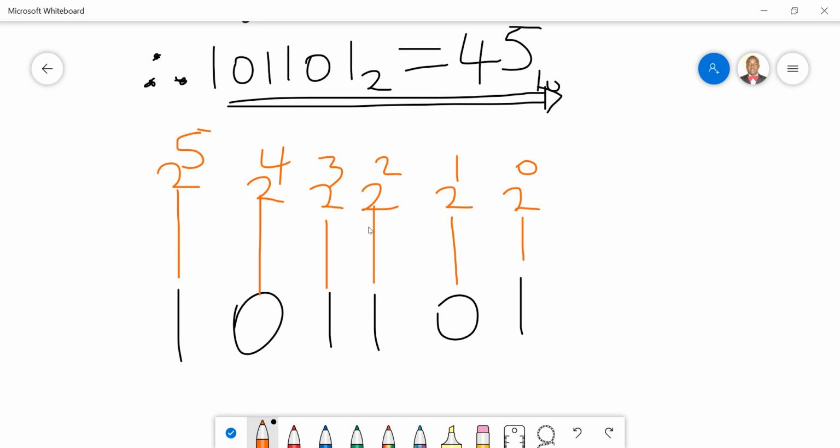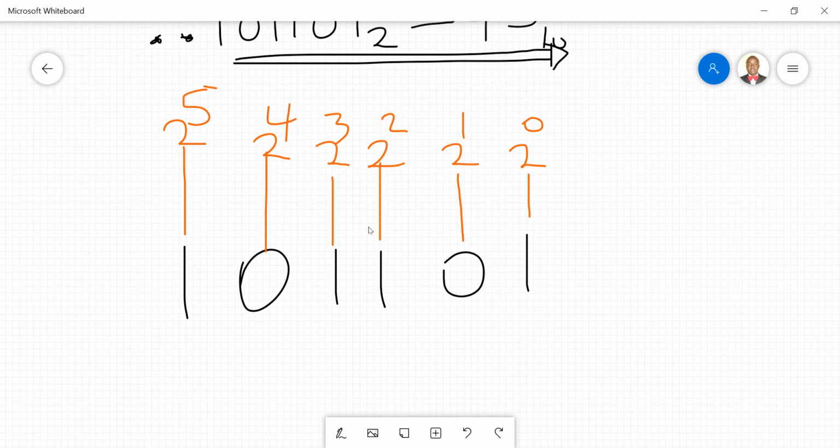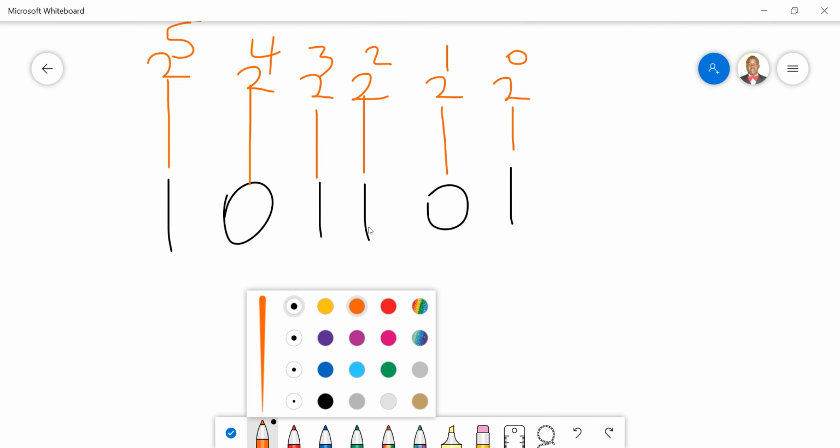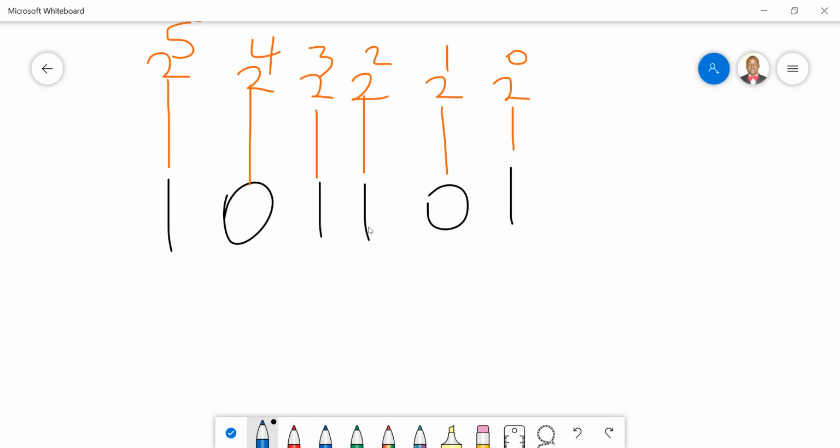So what you do now, on the first part you will say 1 multiplied by 2 to the power 0. 1 multiplied by 2 to the power 0 is what?